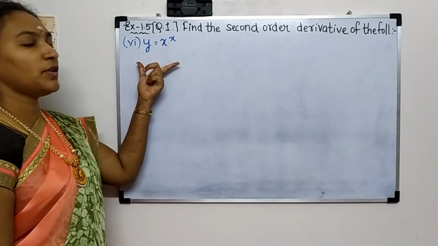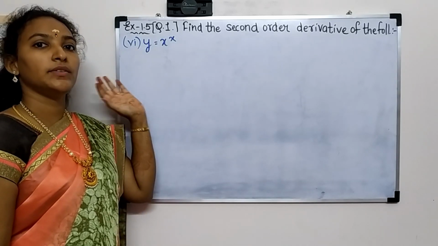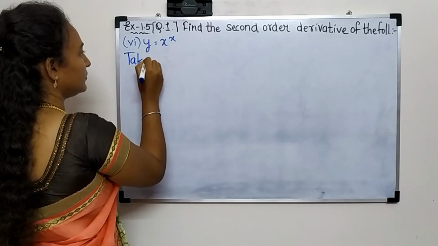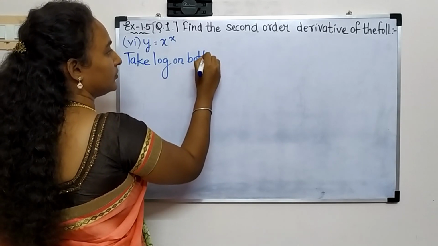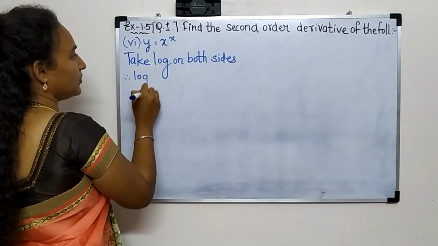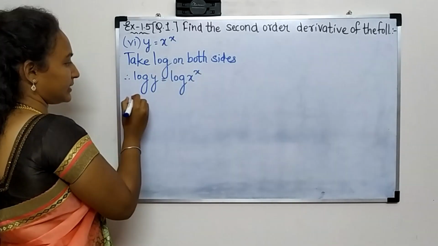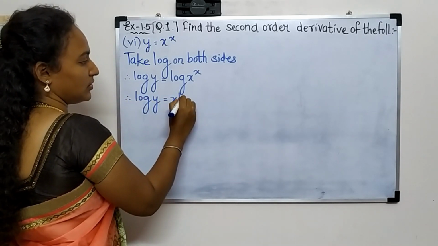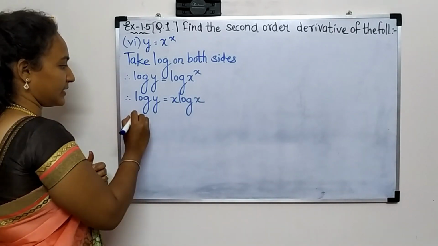We know that this type of problem is solved using logarithmic differentiation. We are going to take log on both sides. Therefore, log y is equal to log x raised to x. Therefore, log y is equal to x log x. Now we can differentiate this with respect to x.